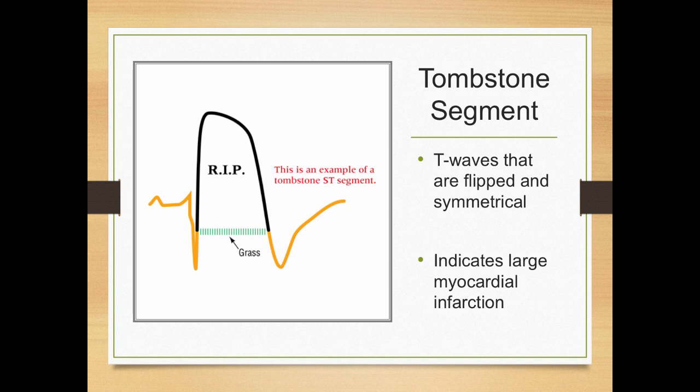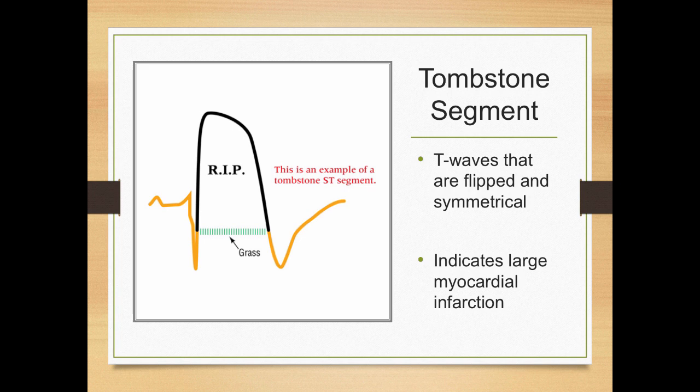Super morbid, but that means your patient is about to die. So if we see this tombstone T wave, this really big, super elevated ST segment going into this flipped T wave, it's a telltale sign for a huge myocardial infarction, huge heart attack.